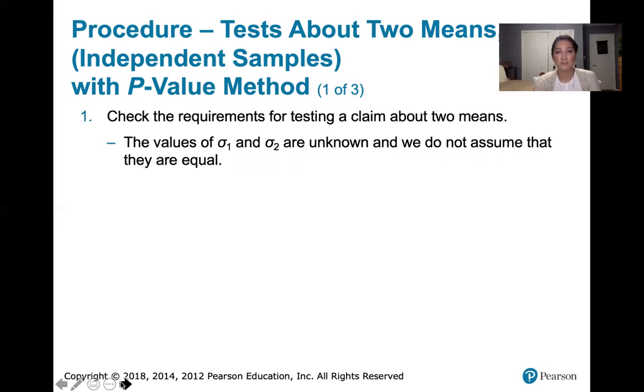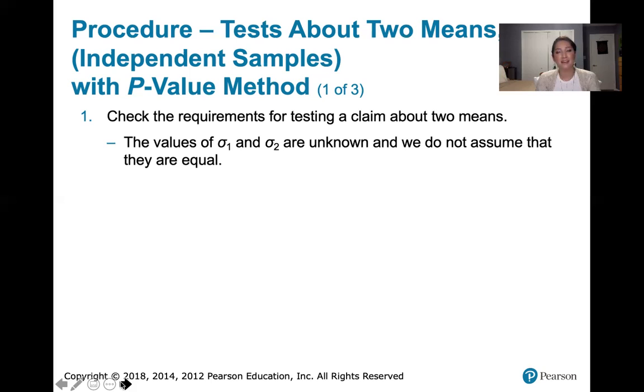Now, in order to use the method that I'm about to outline for you, we need to assume that sigma sub 1 and sigma sub 2, those are our two population standard deviations, are unknown, and we are not assuming that they're equal to each other. If they are known, we'll handle that differently. If they are equal to each other, or we have reason to believe that they're equal to each other, we would handle that differently as well.